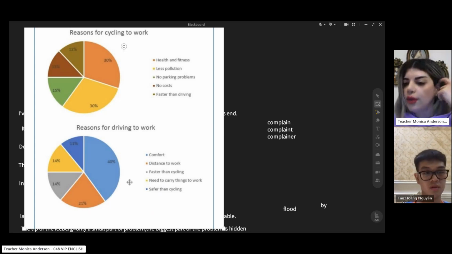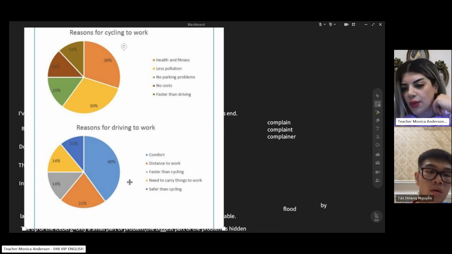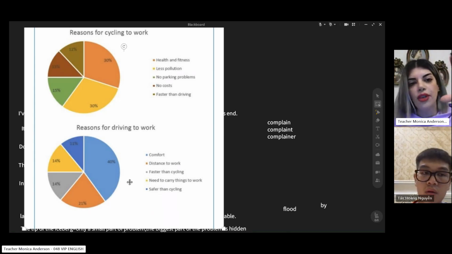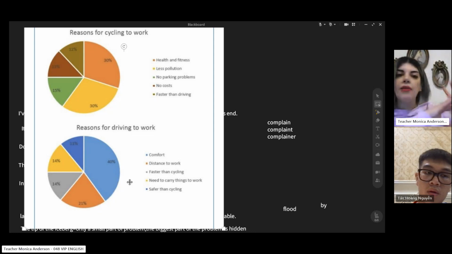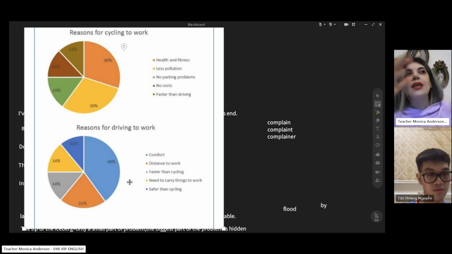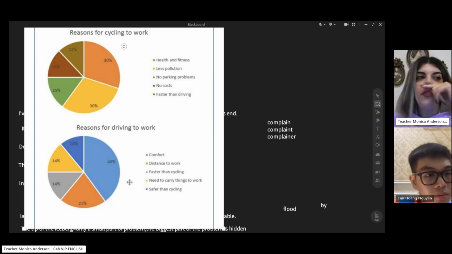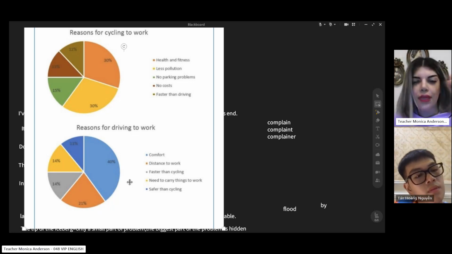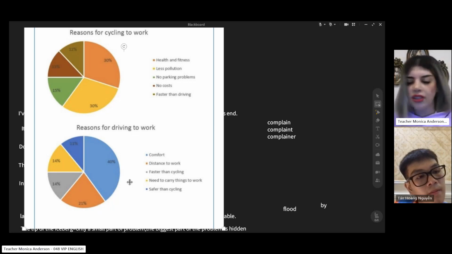First of all, you need to know something. I think we discussed this part, but let me say again. In these types of questions, of course, in the real IELTS test, when you have two different charts, about the overview, which one is more important?